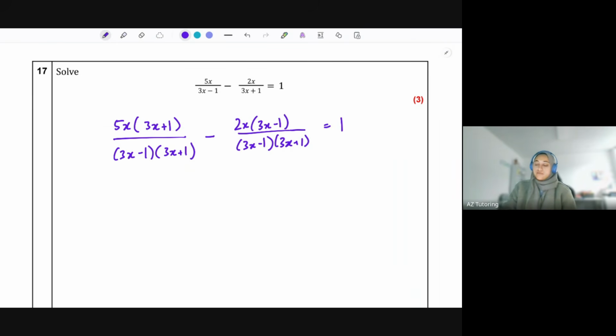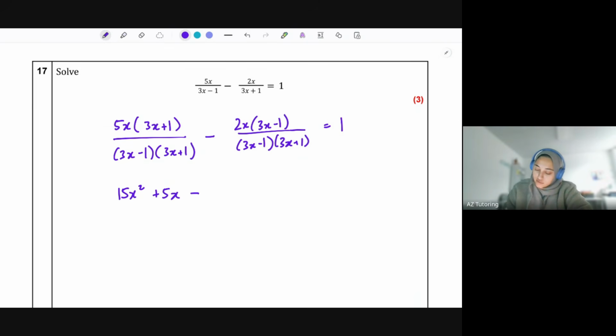So that just equals 1. So I've just rewrote the top equation. I've just times each of these up. Now we can combine together. Before I do that, I'm going to expand the brackets. Or we can combine them together and do that as well. So that's fine. 5x times 3x is 15x squared. 5x times 1 is 5x.